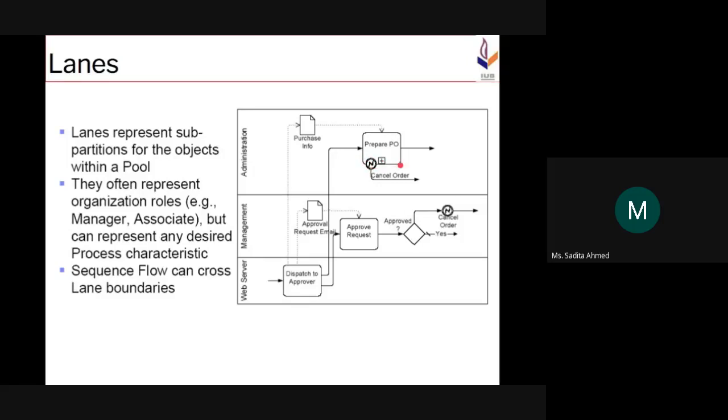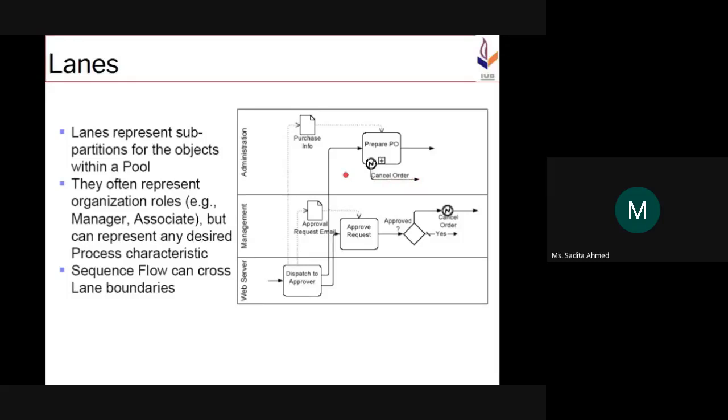It means that whenever an error happens, if an error takes place right at that point, the prepare PO sub-process will be interrupted then and there. Wherever the prepare PO sub-process is, I will interrupt it and follow the alternate sequence flow, all right? I will scrap the prepare PO sub-process.